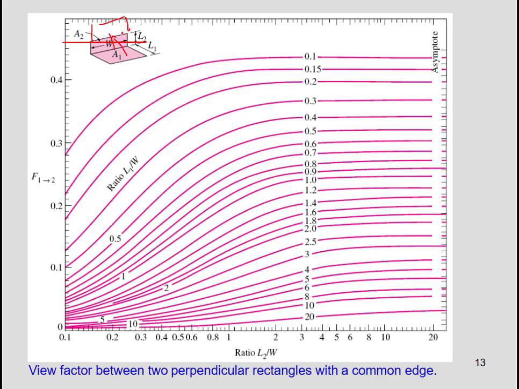L2 is increased, a higher surface area for this one, and it will receive more radiation. And also for L1, the higher this L1 is, the higher the radiation that will probably strike surface 2.